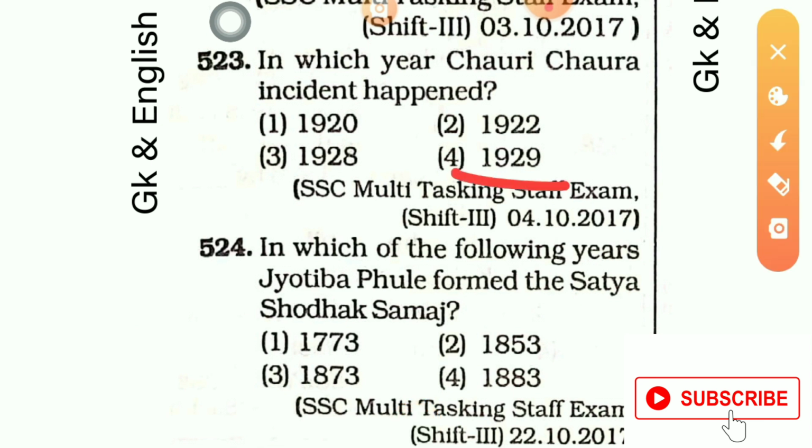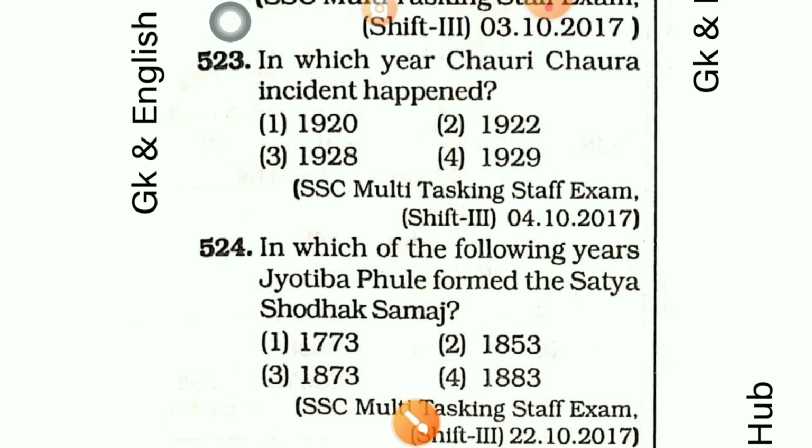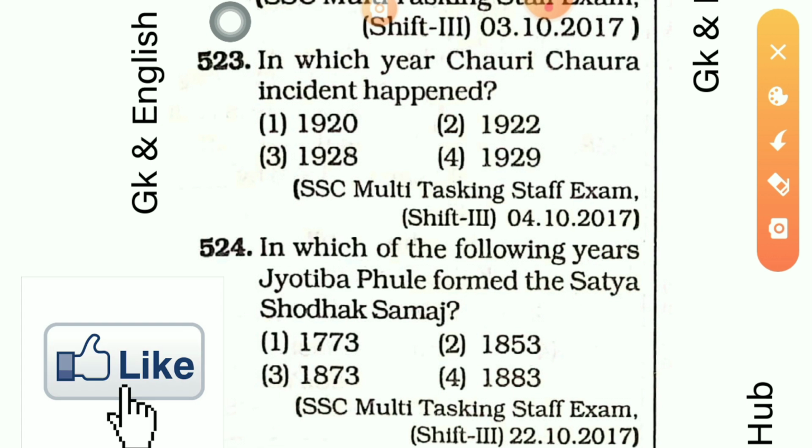And in 1929, the Lahore session happened, and in that session they declared Purna Swaraj, and these questions are asked in various exams. So just remember that Purna Swaraj was declared in the Lahore session in 1929.